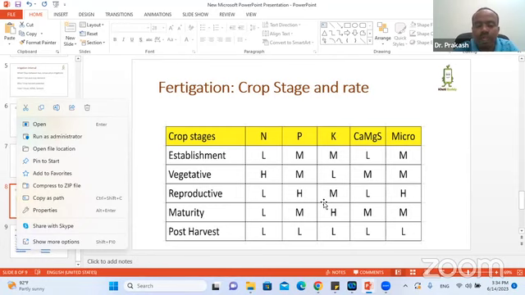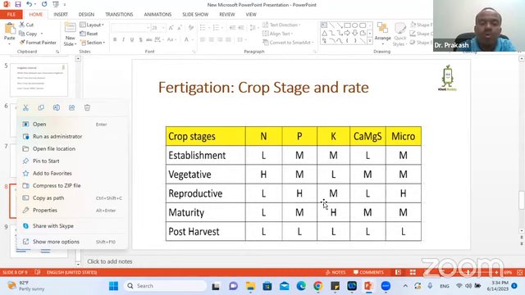Suppose we have harvested grapes, and then after harvest we neglect the plot. It's not good for the next cycle of the crop. So the exhausted plant should be fulfilled with proper nutrition. It may be less, but nutrients are required in post harvesting also.